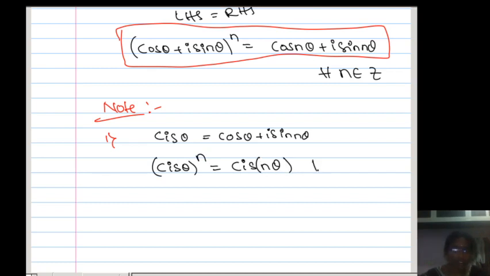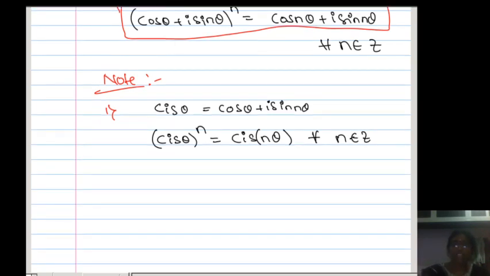For all n belongs to Z, what does that mean? n is a positive number, a negative number, or 0. So we proved this relation by using De Moivre's theorem. Next, the second point: cos theta plus i sin theta whole power minus n, I took. If you take minus n, it means n is negative.